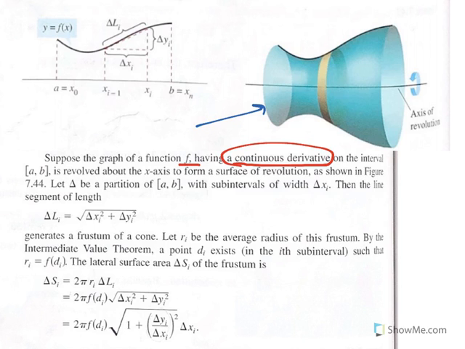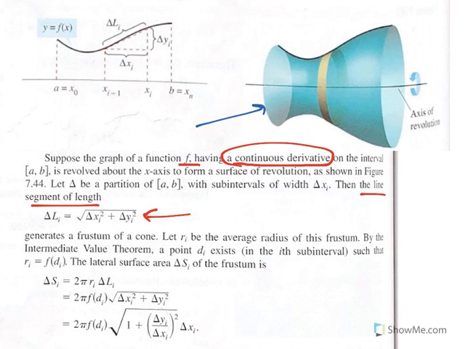Let delta be a partition of the closed interval from a to b with subintervals of width delta x sub i. Then the length of the line segment, delta L sub i, which we are going to use to approximate our curve, is given by the distance formula. So the idea is this.